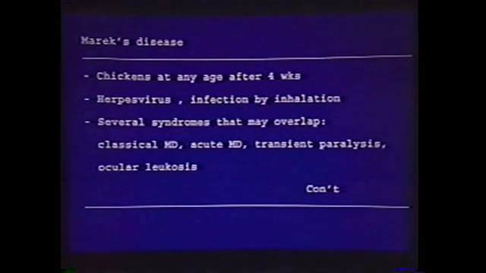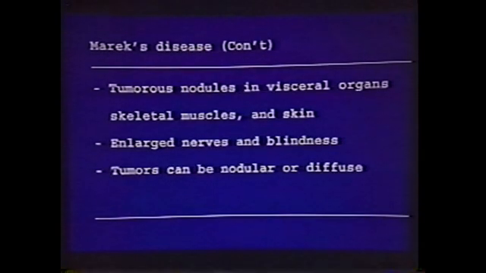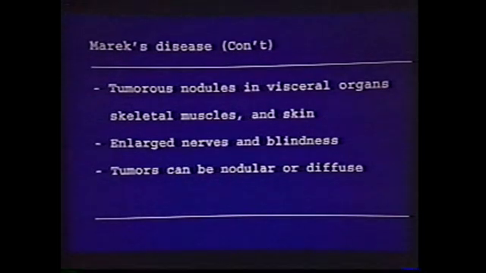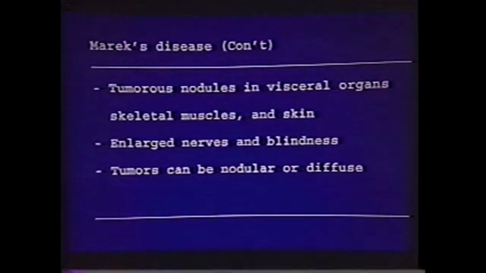The eye lesion, the fish eye or eye lesion of Meniere's disease, can also be seen in the skin, in the nerve, the skeletal muscles, muscular organs like proventriculus and gizzard, and this helps in the differentiation between Meniere's disease and lymphoid leukosis.